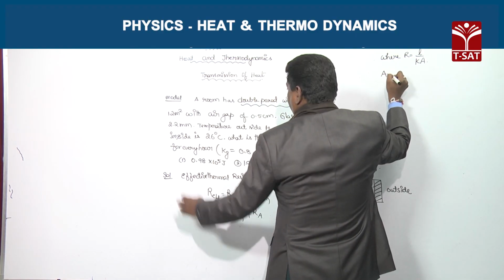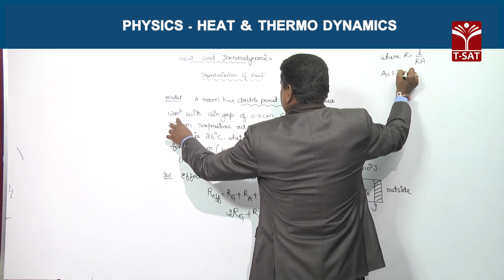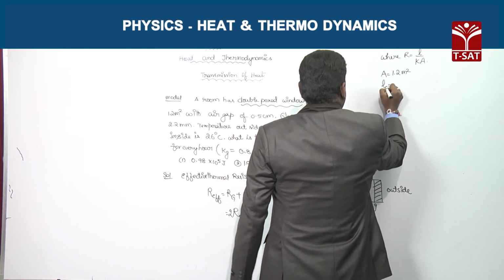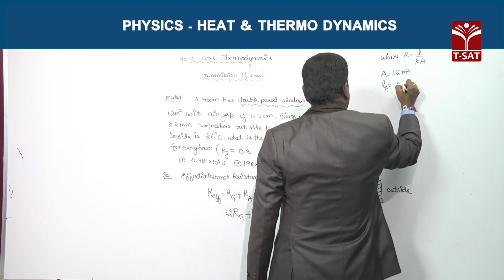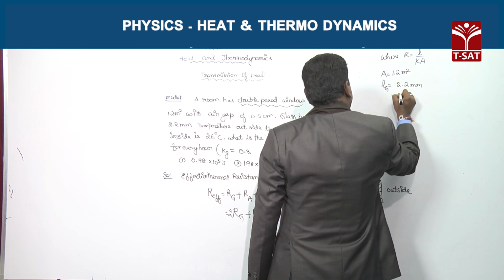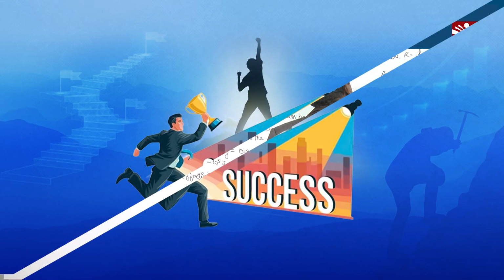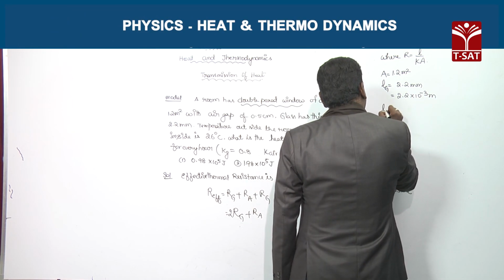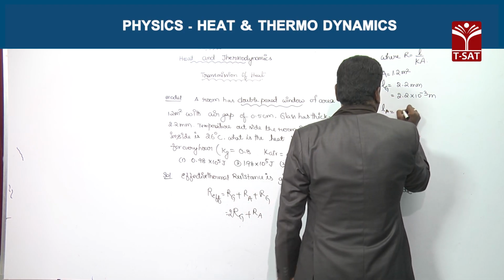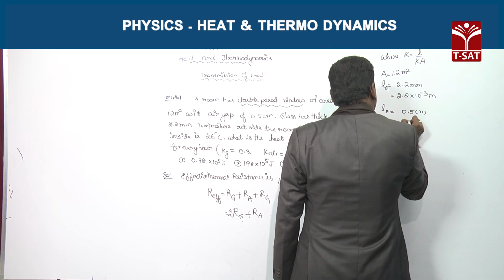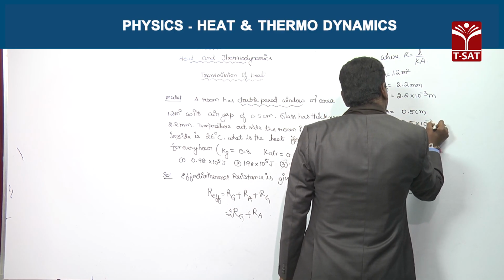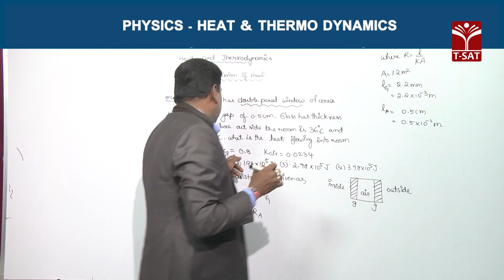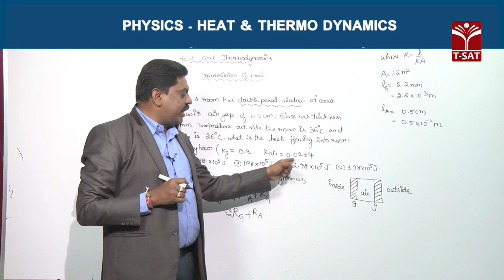Here area is given as 1.2 meter square. Length of glass is given as 2.2 millimeters, which I can write as 2.2 into 10 to the power of minus 3 meters. And air gap, length of air is given as 0.5 centimeters, equal to 0.5 into 10 power minus 2 meters, and the coefficients of thermal conductivity are Kg equal to 0.8 and Ka equal to 0.0234.